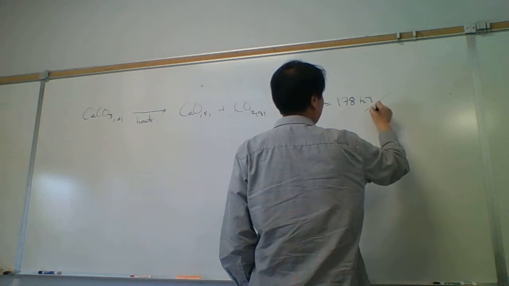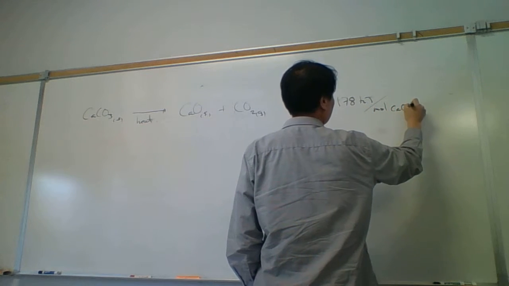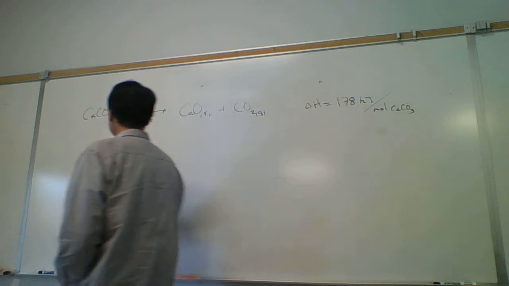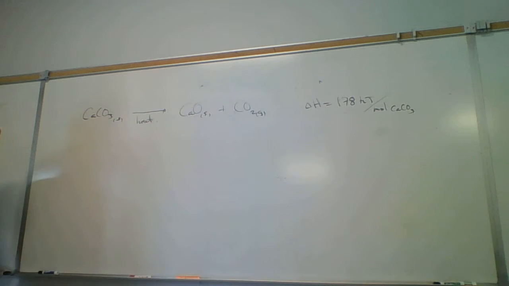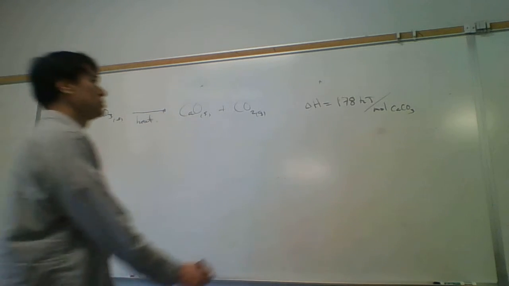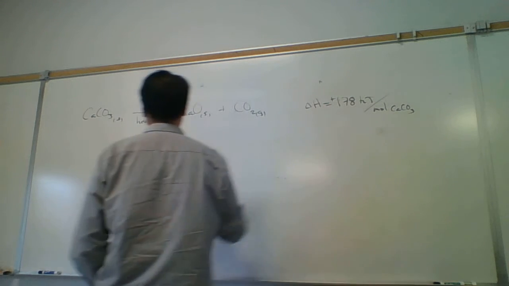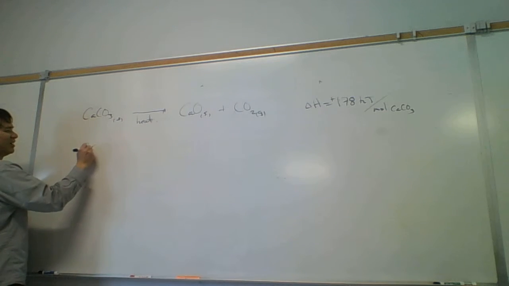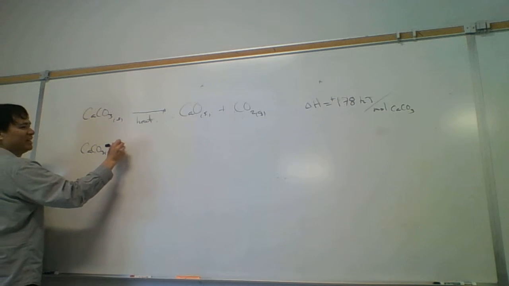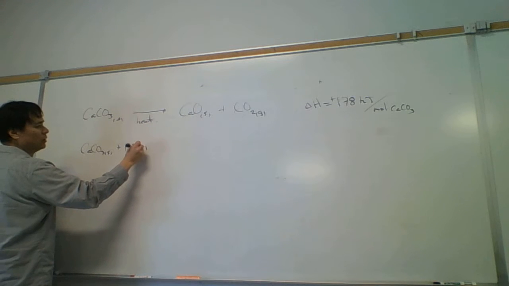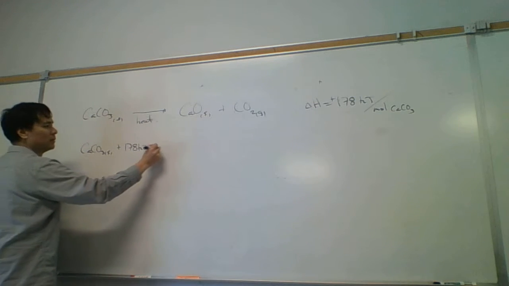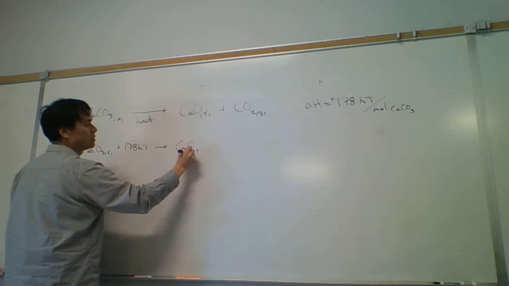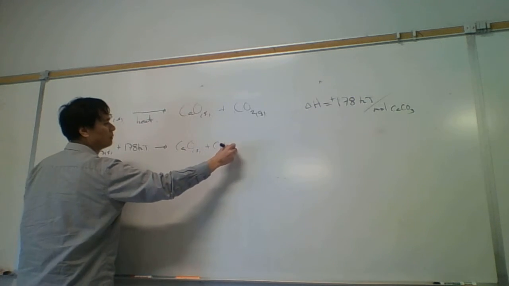When I decompose 1 mole of calcium carbonate, I'm going to consume that amount of heat, because it's positive. It's endothermic. And so what that means is for every mole of calcium carbonate solid, I'm going to need at least 178 kilojoules worth of energy to decompose this into calcium oxide solid plus CO2 gas.